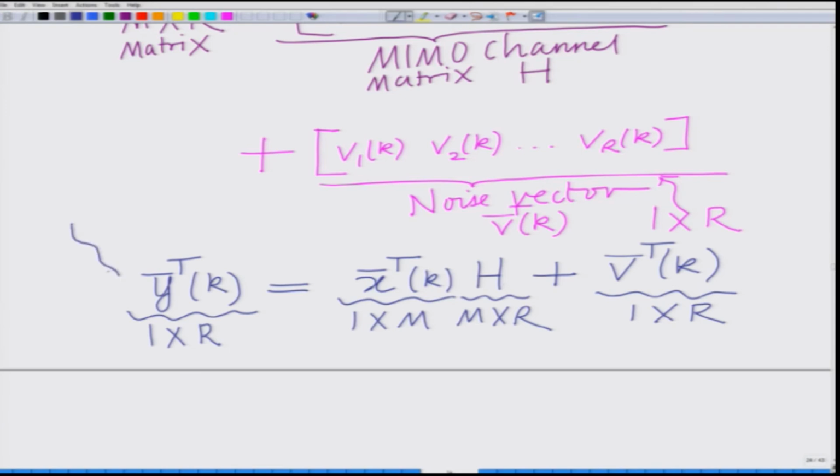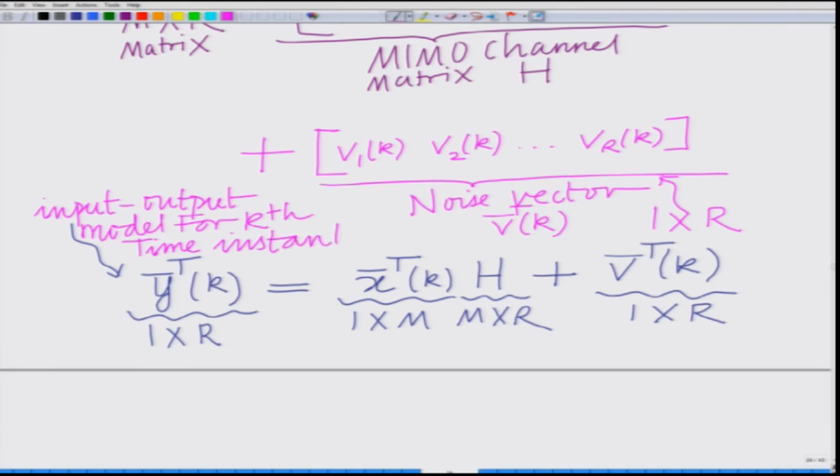This is the input output model for the kth time instant.